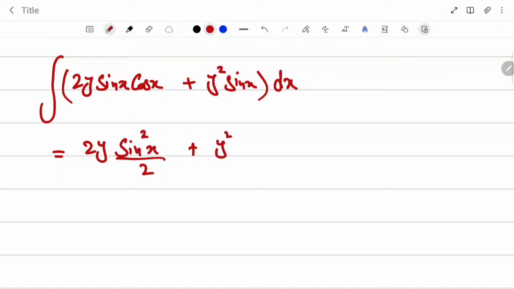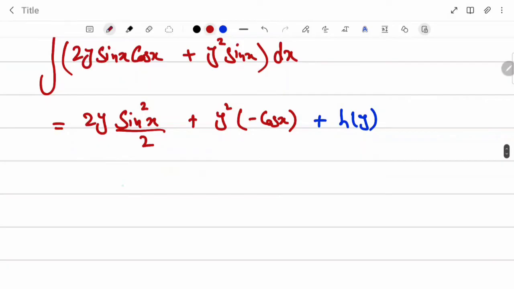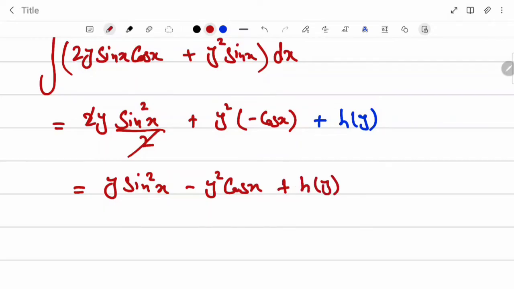Okay, what's the integration of sin x? Yes, right, that's -cos x. And we need to write plus h(y). So now this 2 is crossed, so we have y sin²x - y² cos x + h(y).